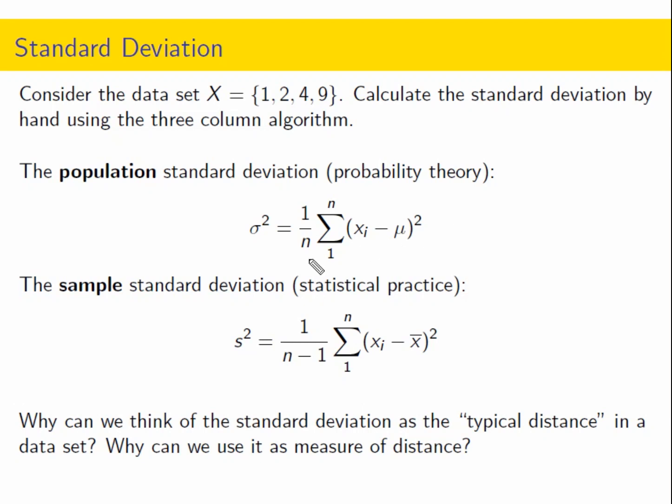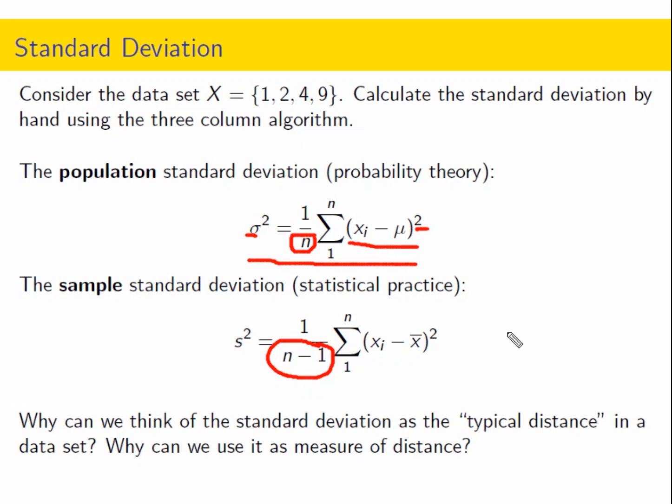So what we have here is we've just calculated this, right? We sum up the differences, these deviations, we square them, we sum them up, we divide by the number of elements in that data set, and then to get sigma, we take the square root, okay? Now the sample standard deviation is almost exactly the same, except that we divide by n-1.